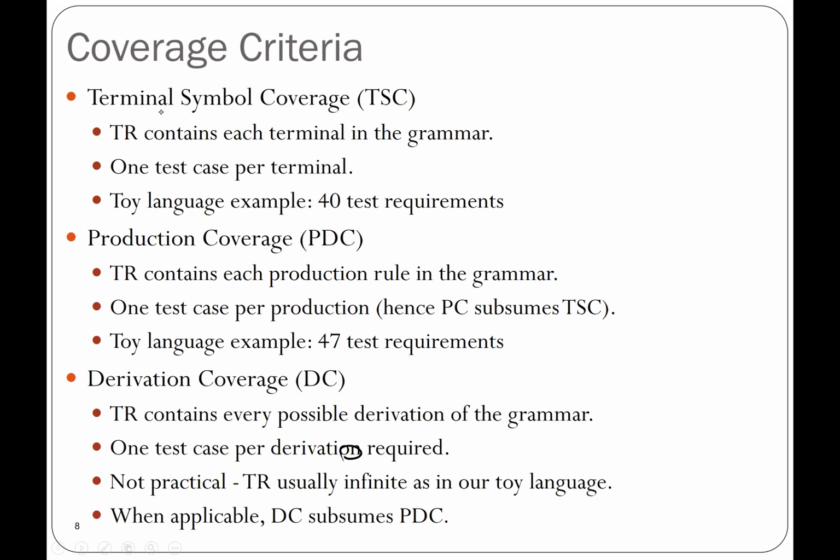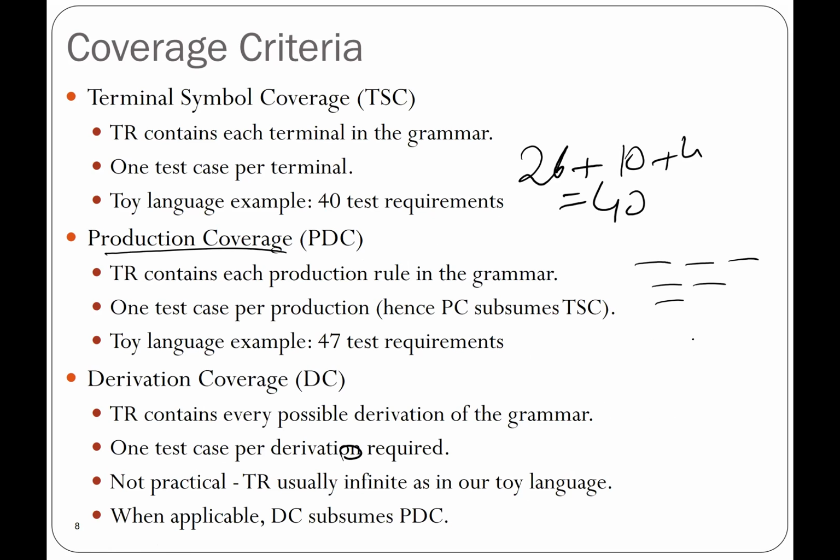When we were looking at terminal symbols, remember the counting that we did before? We had 26 plus 10 numbers plus the 4 operations. They gave us 40. If we added the production coverage, we had 3 at the top, followed by 2, followed by 2, so there was 7.